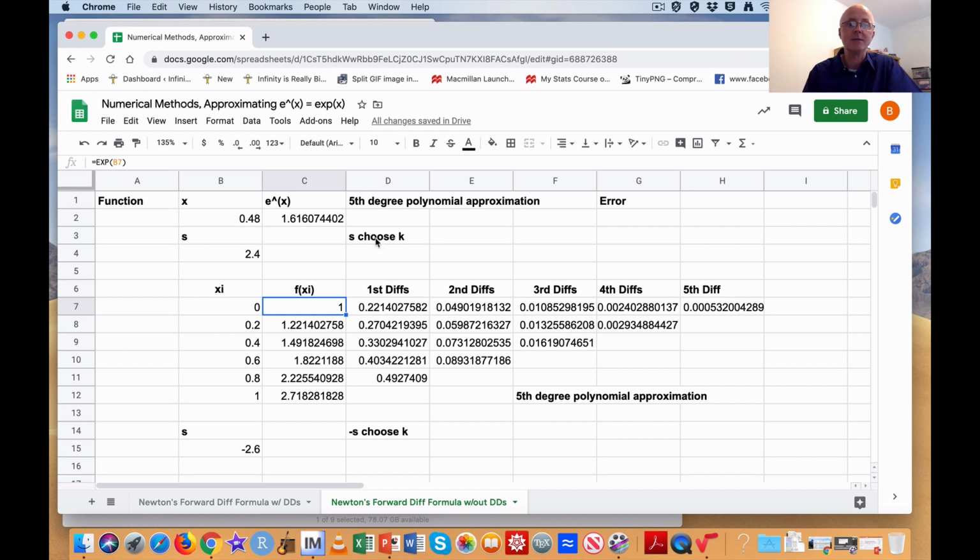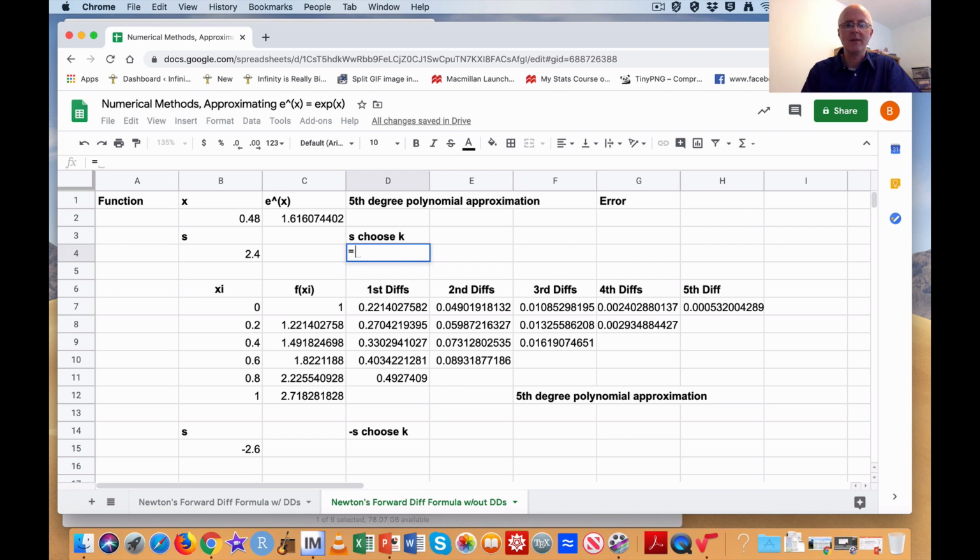If we're going to use the forward difference formula in terms of these forward difference operator values, though, we need the values of s choose k for different k's. S choose 0 would be just the value of s, 2.4. Let's put that right here. Then we want s choose 1. I guess we don't need the s choose 0, so let me get rid of that.